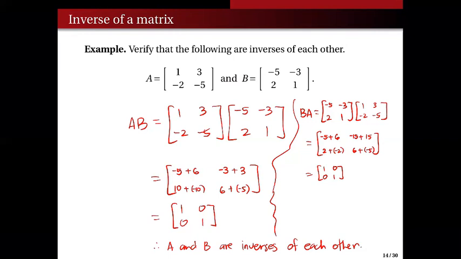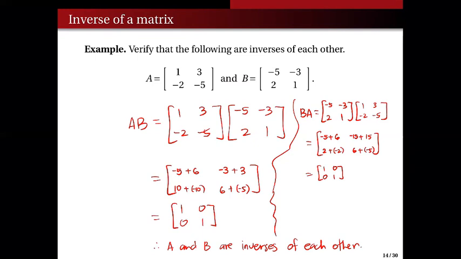Suppose you are just given the matrix A. How do we find the inverse of that? We will learn in this course how to obtain these inverses if they exist. In fact, we will learn later how to identify if a certain matrix has an inverse.